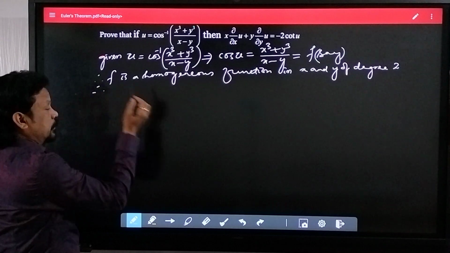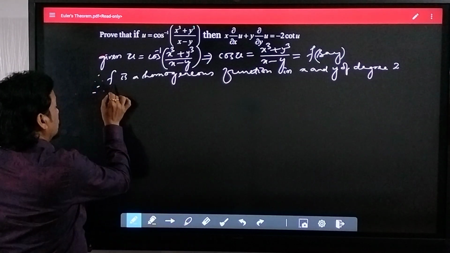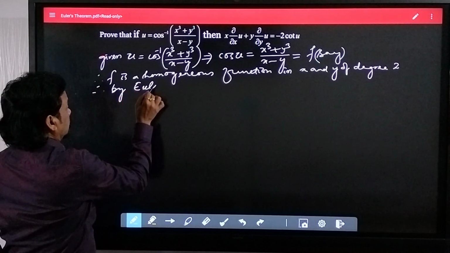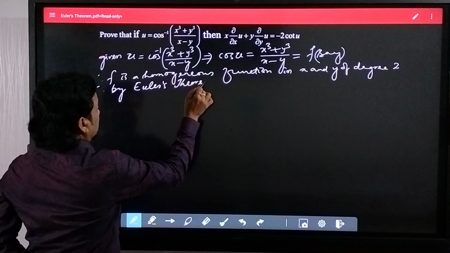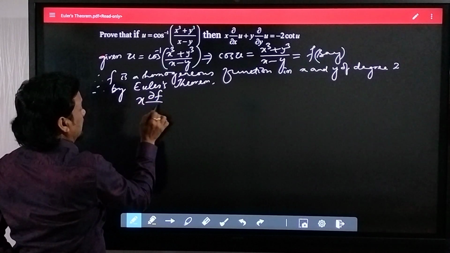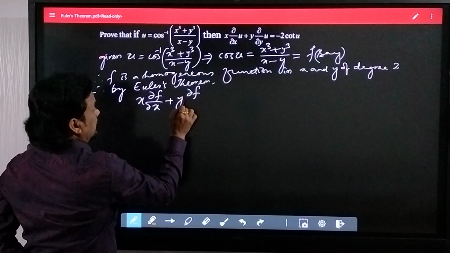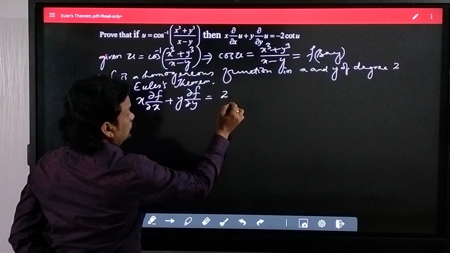So we can apply Euler's theorem, because Euler's theorem is applicable to homogeneous functions. So by Euler's theorem, x into del f by del x plus y into del f by del y is equal to the degree, which is 2, so 2 into f.